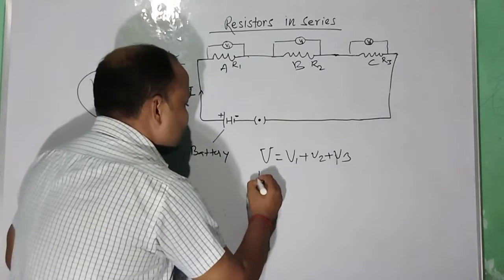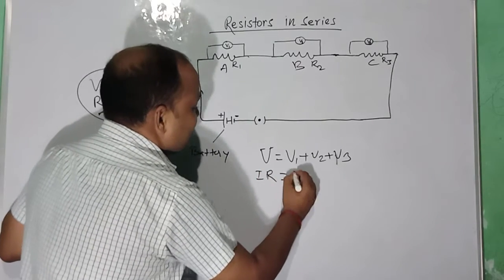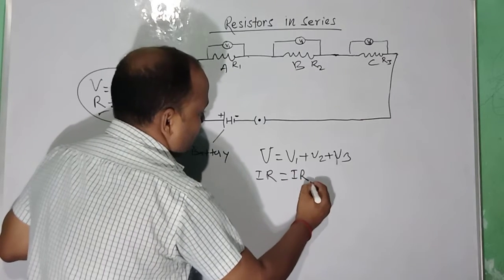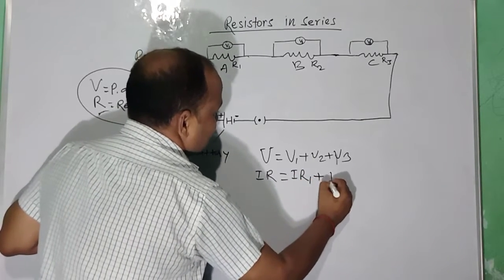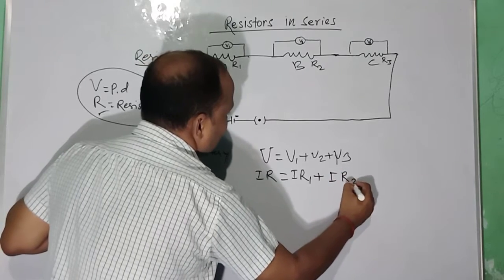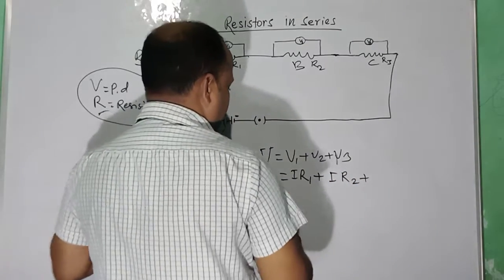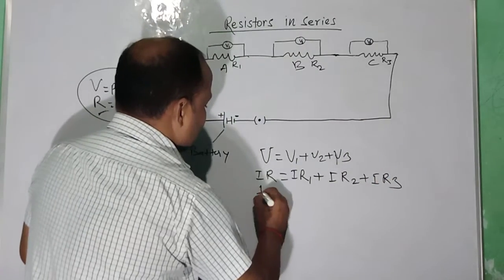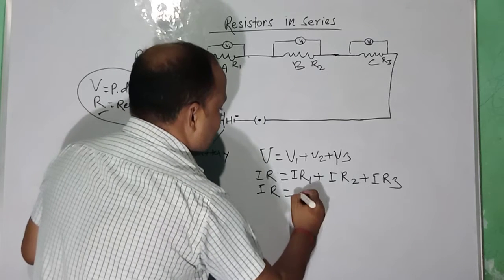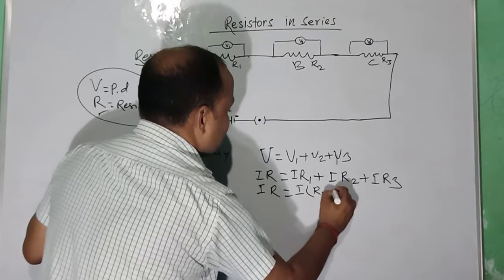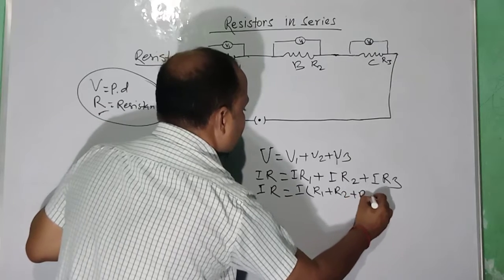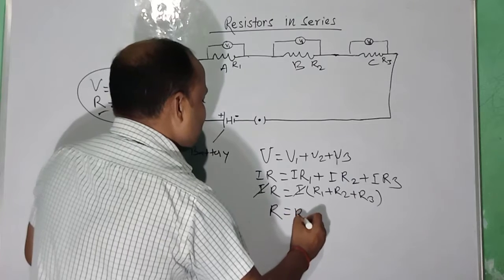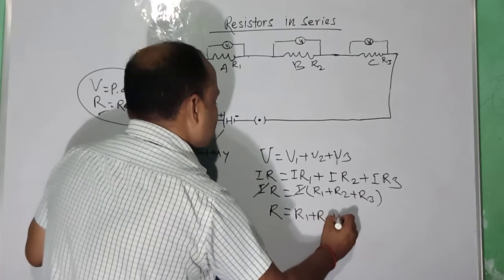V1 is equal to IR1, V2 is equal to IR2, V3 is equal to IR3. So what will be the common thing? Take I common from all these three: I times R1 plus R2 plus R3. Now this I gets cancelled, so R is equal to R1 plus R2 plus R3.